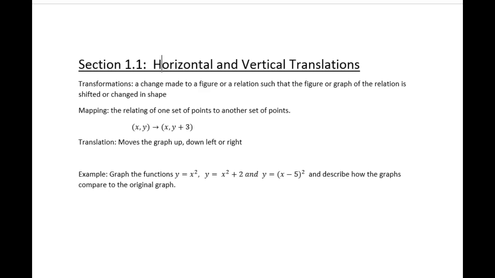So if I'm graphing this one now, what kind of translation is that? X squared plus 2. Yeah, it's vertical and you're going up 2. So all that means is all your y points are being moved up 2. So you take your y point, go up 2, and move each point 2 up.